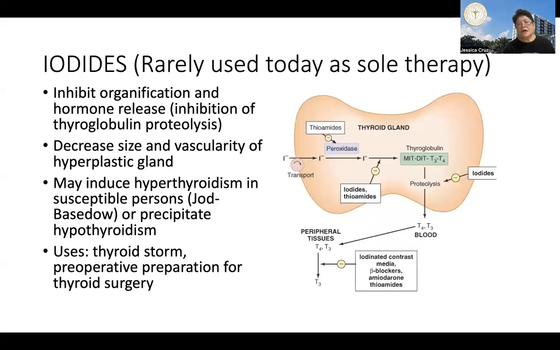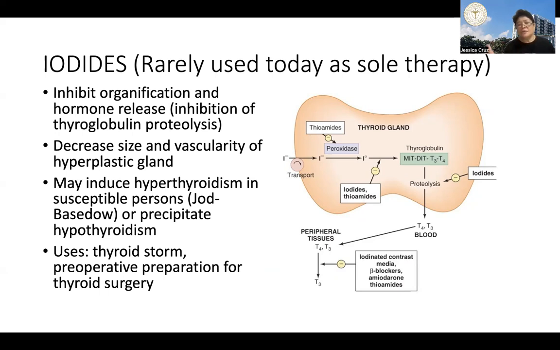So, when we talk about iodides, these are basically used now as combination therapy. Hindi na siya ginagamit for sole therapy because their effect will actually be lost in a few weeks. No? So, hindi din matagal yung therapeutic benefits niya.